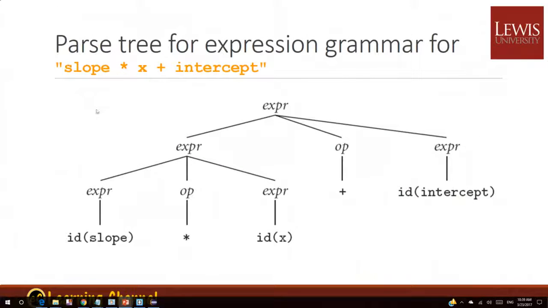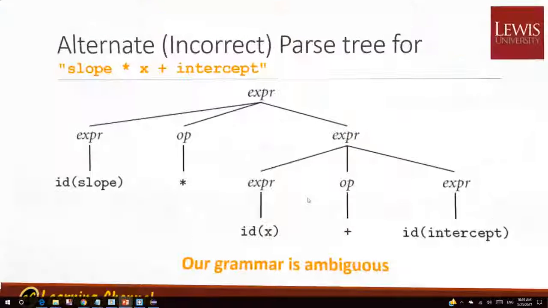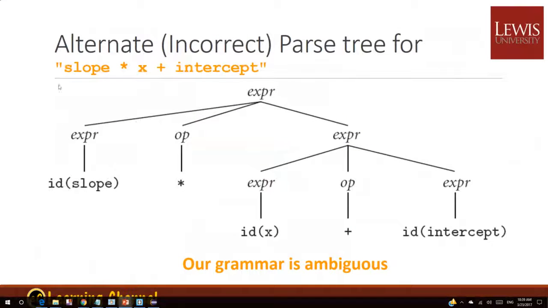So the parse tree you see would be like this. Right first would be this later, okay? But if you start from left, it'll be this. You have the expression, operator, expression. It will be slope times x plus something.